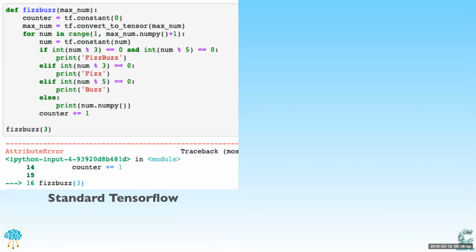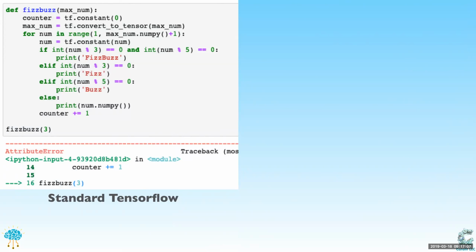Let's say I want to implement here a function that prints a different value. This is a typical FizzBuzz example based on a certain condition. And in TensorFlow 1, you cannot do this because the graph is static.